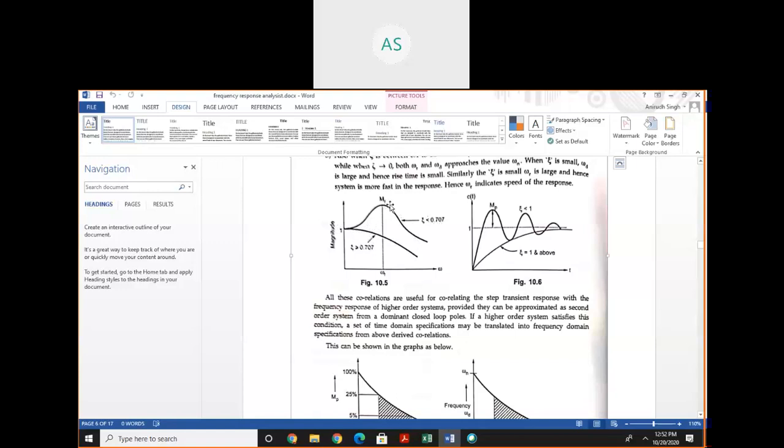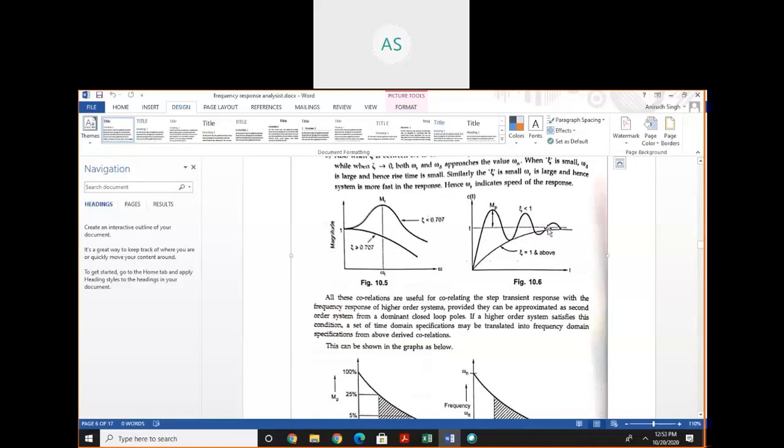In this case, when the value of zeta is greater than 0.707, there is no overshoot in the frequency response, and when the value of zeta is less than 0.707, we get a resonant peak.